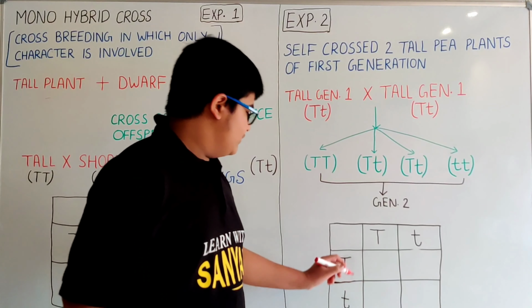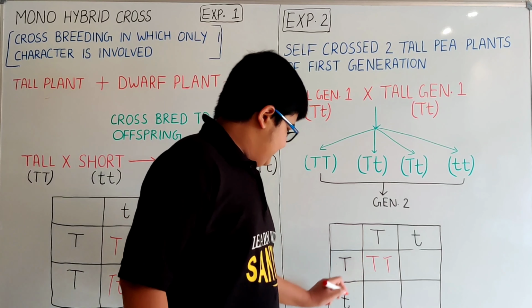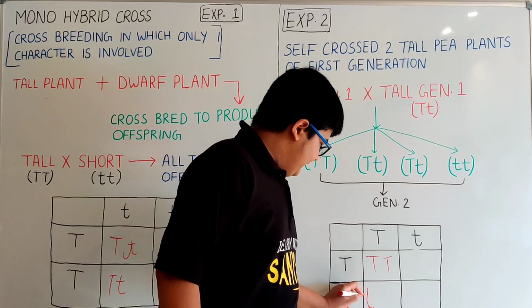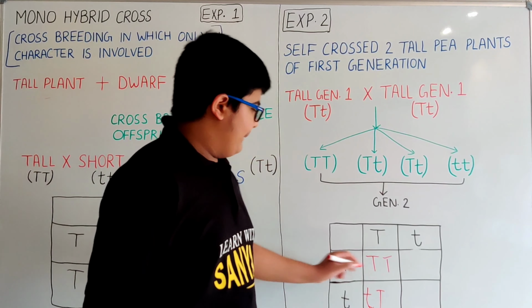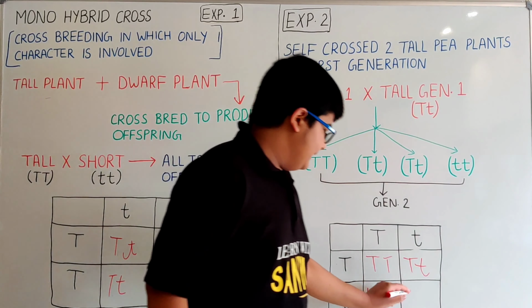The offspring produced will be capital T, small t, capital T, small t, and small t, small t.